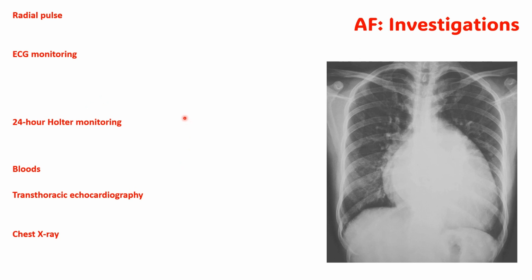Okay, so let's talk about some investigations, but mainly the diagnosis of AF is on clinical suspicion when there's an irregular pulse, and this can be confirmed by an ECG. And if there's an isolated episode of AF, it's important to calculate the patient's stroke risk, for various reasons we're going to talk about, and consider starting some anticoagulation.